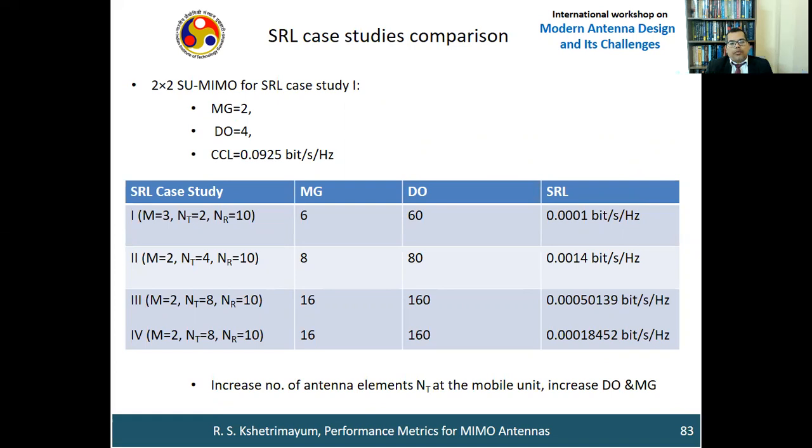Diversity order is improved 2 times, 80 to 160. And if you look at the sum rate loss, it is actually decreasing when we go from 4 antennas to 8 antennas, or let's say when we go from 2 antennas to 4 antennas and 8 antennas, even the sum rate loss is minimized.